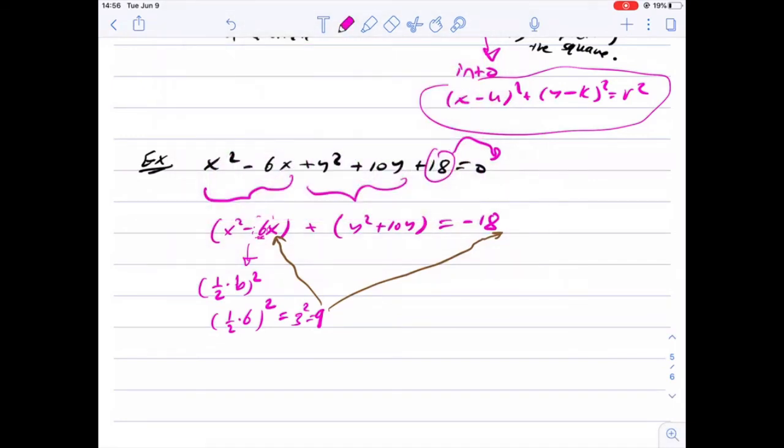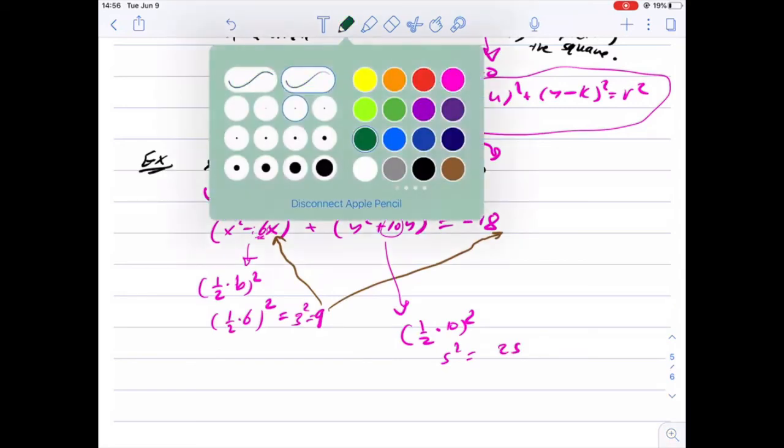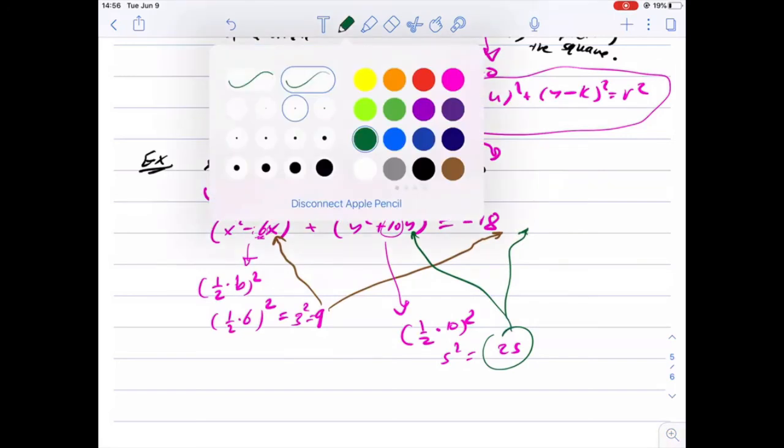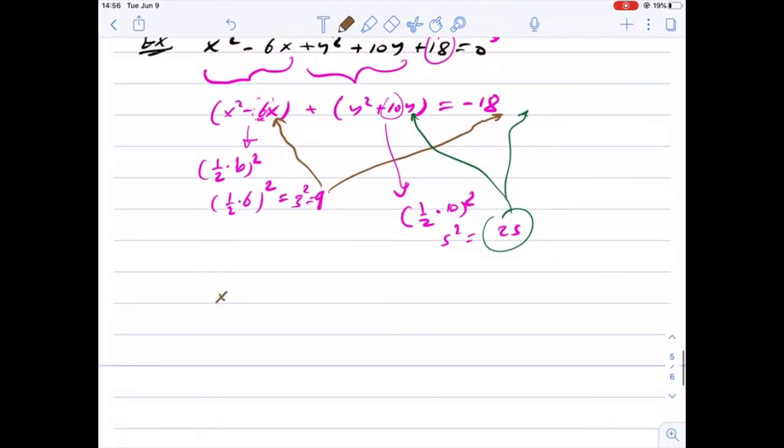Same thing for the y's. So 1/2 times b, 1/2 of 10 is 5, squared is 25, and then we add it here and to the right. So this gives us x squared minus 6x plus 9 plus y squared plus 10y plus 25 equals negative 18 on the right hand side plus 9 plus 25.